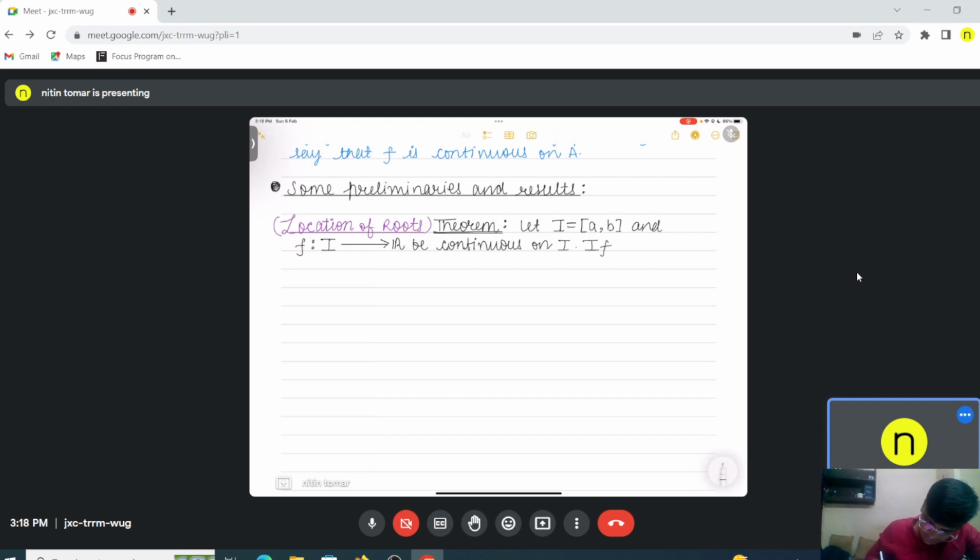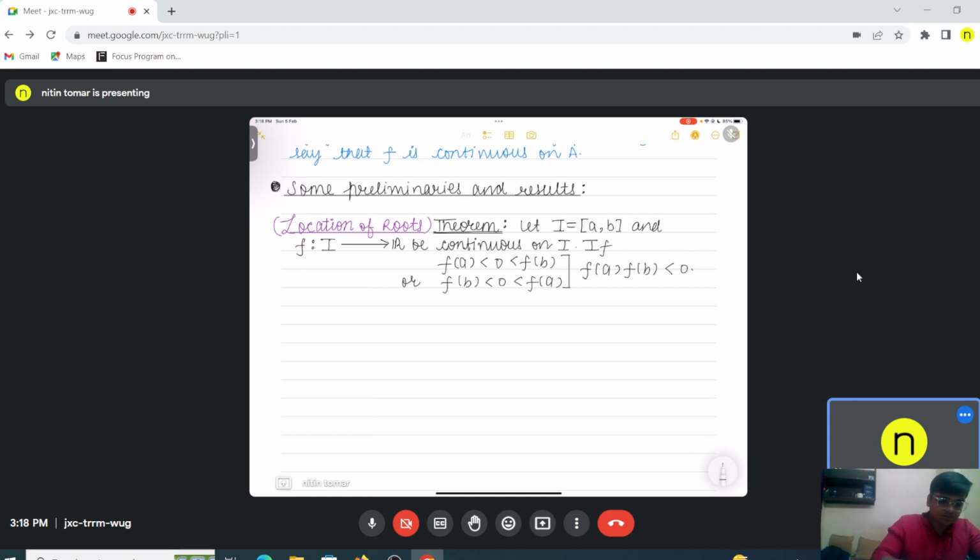If f(a) is less than 0 and f(b) is positive, or f(b) is negative and f(a) is strictly positive, we can write these two conditions in one line by saying f(a) times f(b) is strictly negative.